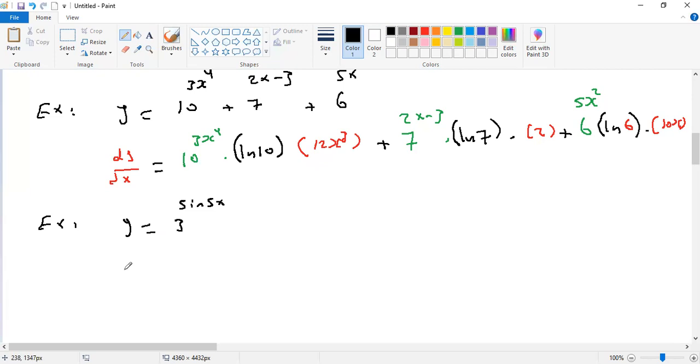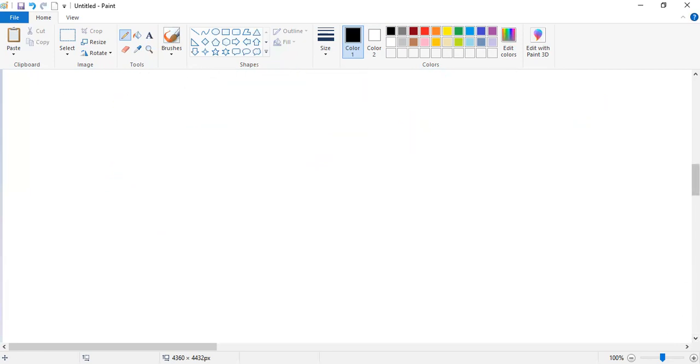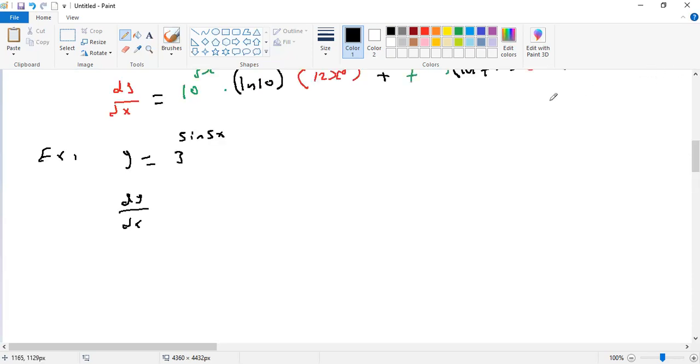So y prime, or dy/dx, equals the base 3 and the power sine 5x. Now what we have to do is rewrite it again, the rule, 3 to the power sine 5x.